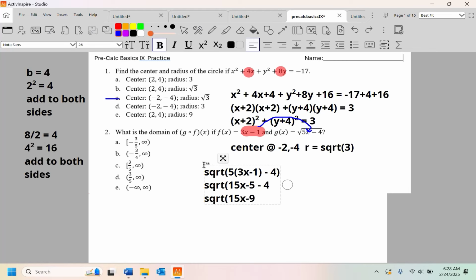No, it looks right. All right, now we talk about the domain. The domain for the square root of anything, the stuff inside has to be greater than or equal to 0.